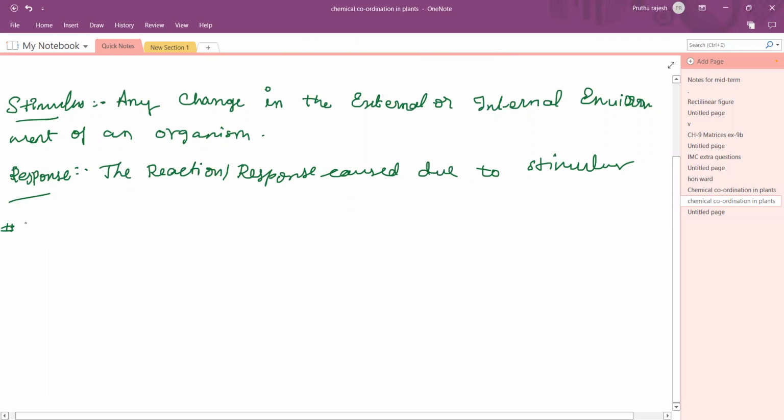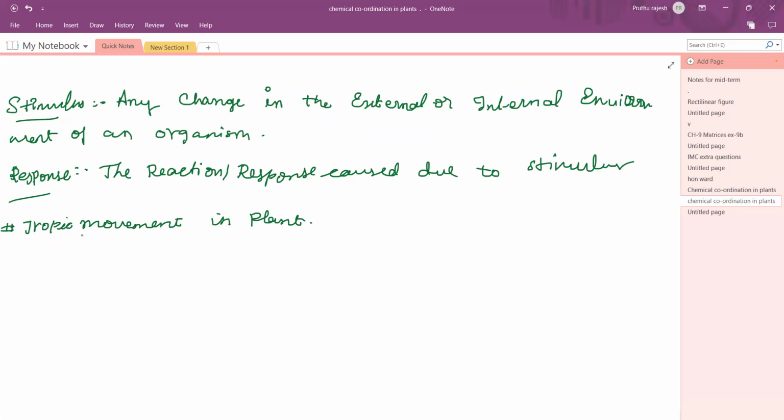Tropic movement in plants. We know that plants do not move from one place to another, but they show certain movements. Tropic movements are one of them. It can be defined as the movement of plant part in the direction of stimulus. So let me just write that down for you.